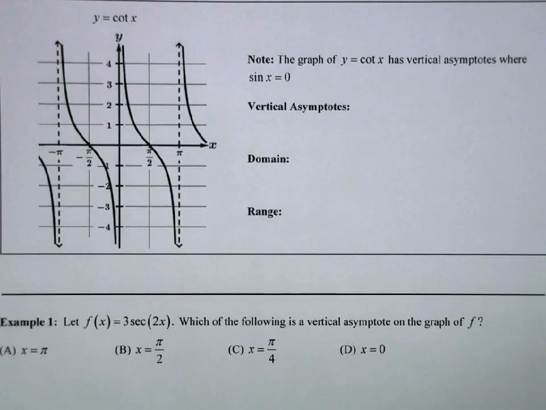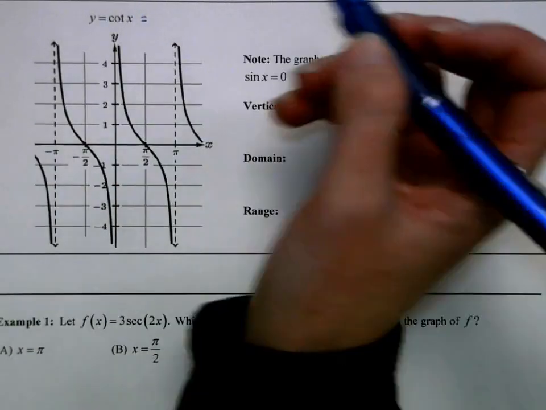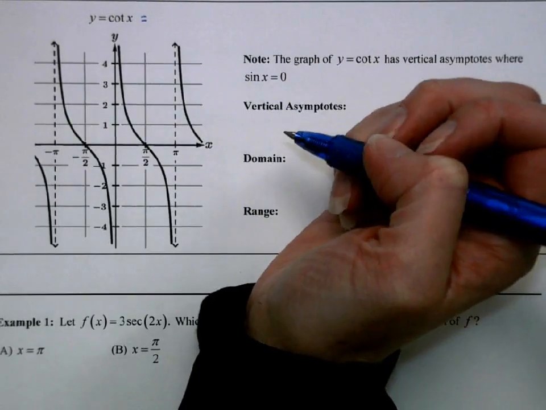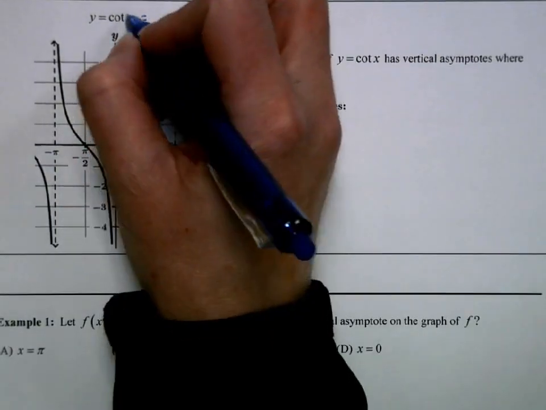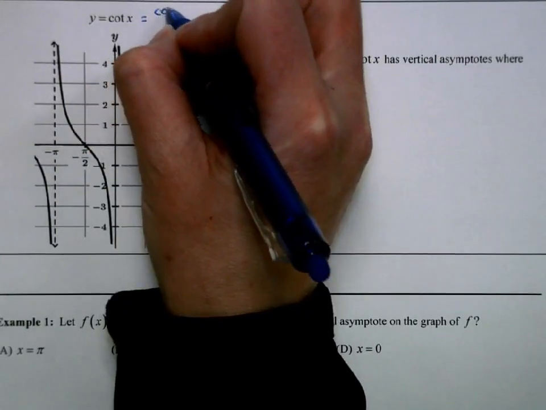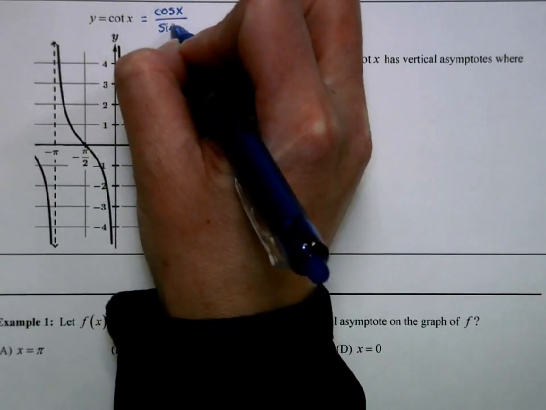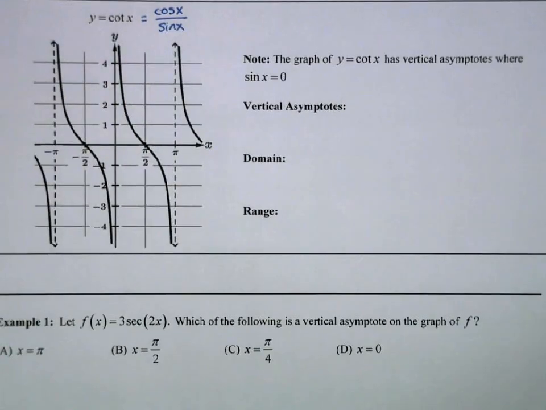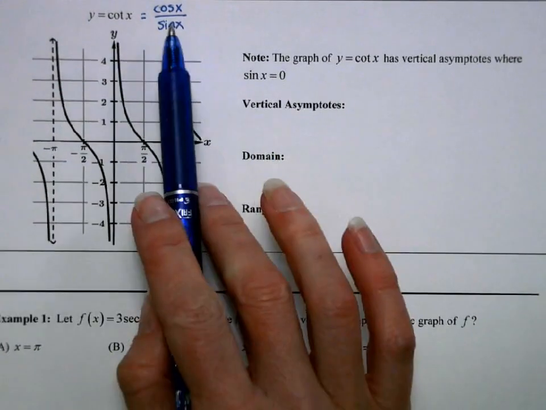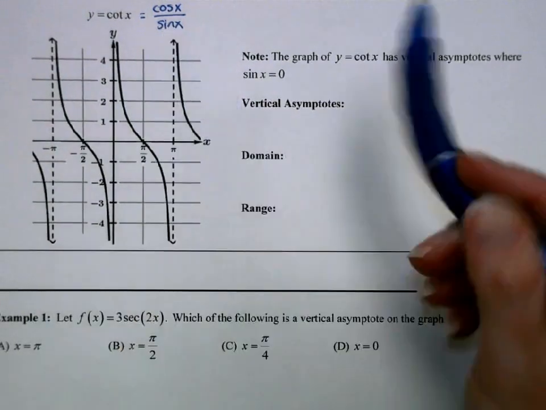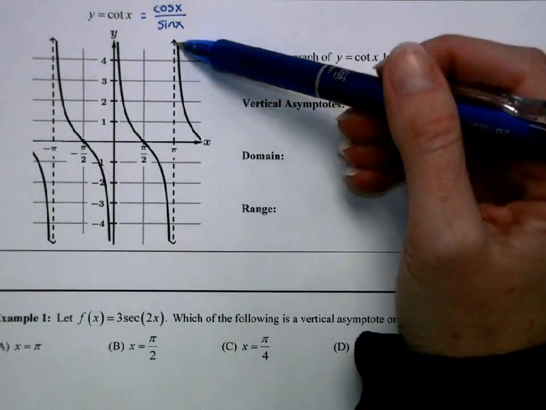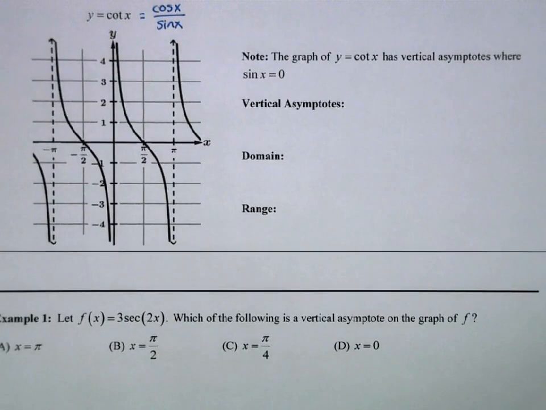Next, we have the graph for cotangent. So cotangent is 1 over tangent. Since tangent is sine over cosine, cotangent is cosine over sine. So just like with cosecant, when sine is 0, that's when we're going to get our vertical asymptotes. So we have vertical asymptotes at 0, pi, and so on.